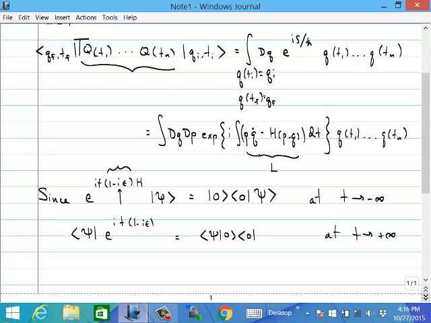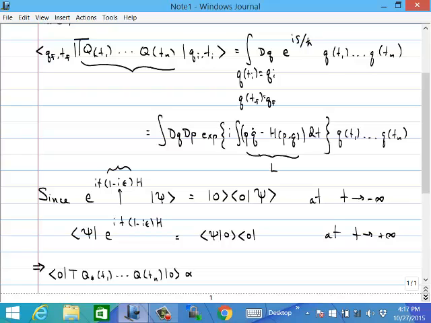So this is a bit of a nasty technical trick. But what it means is that if you are only interested in computing correlation functions in the vacuum state, then in fact life is very easy.